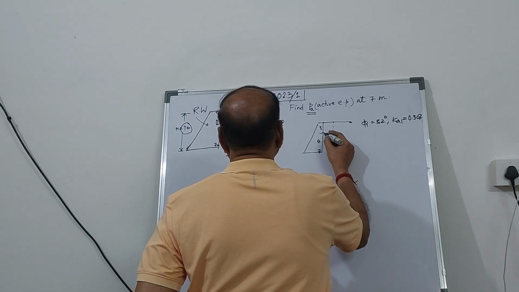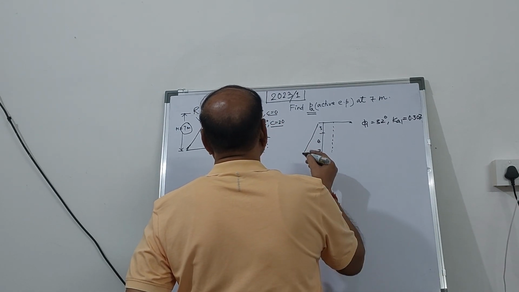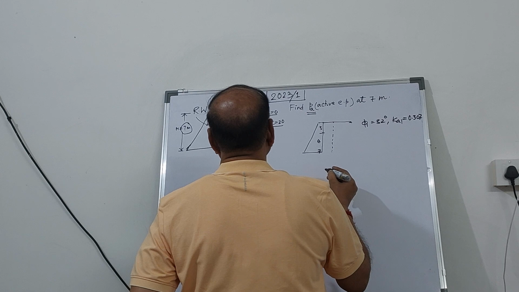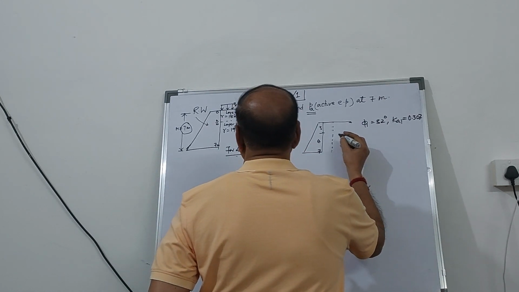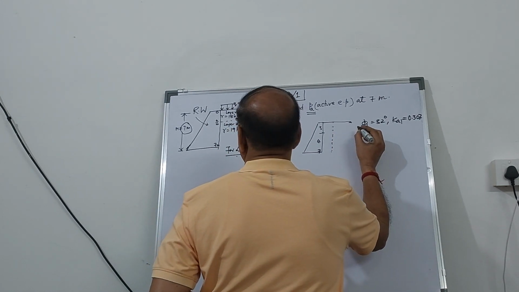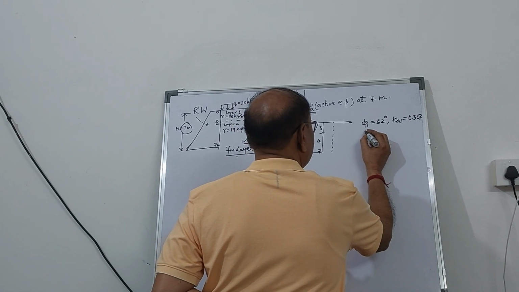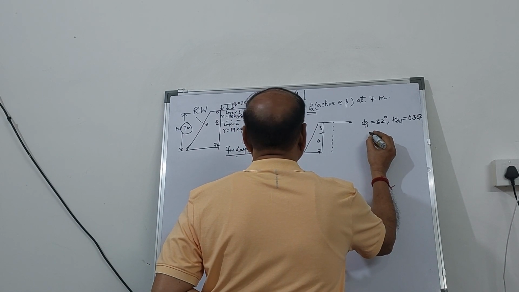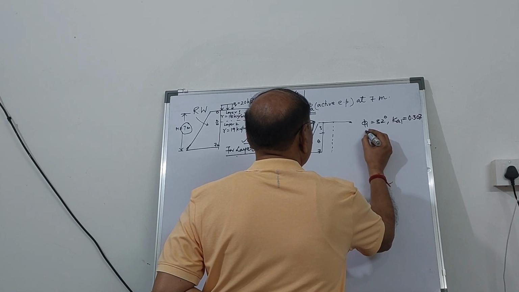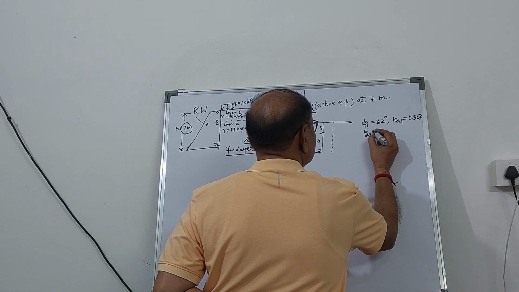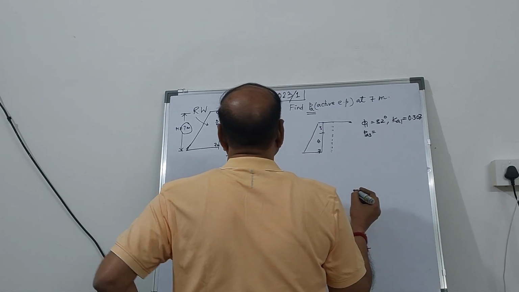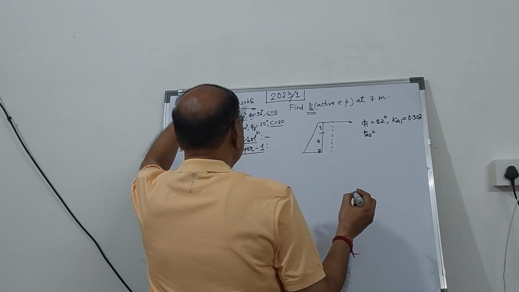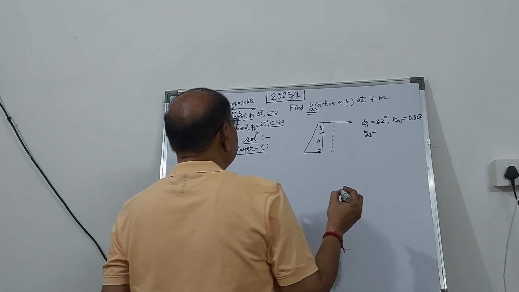So what will be the pressure at 3 meter? It's a dry soil. So dry soil means the pressure is going to be due to the overburden, due to self weight. So PA at 3 meter due to overburden, you calculate it. Surcharge we will calculate at the end.